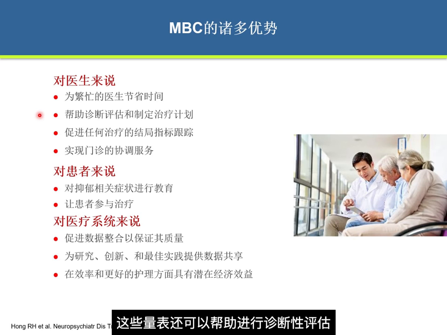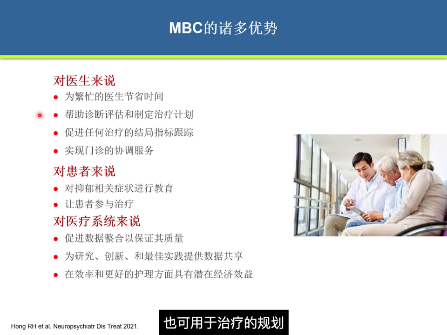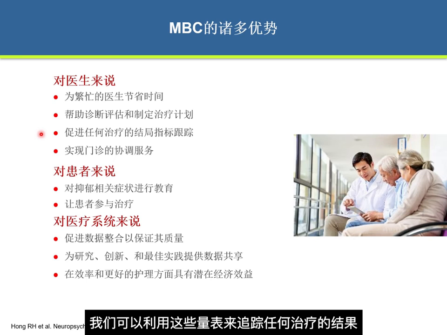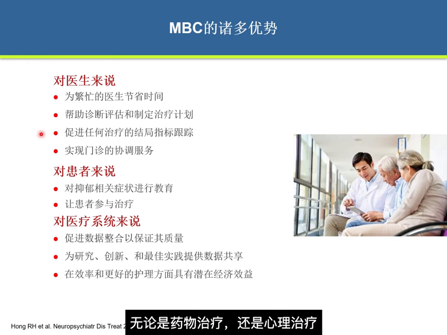The scales can also help with diagnostic assessment because it uses the symptom criteria for DSM-5 and also for treatment planning. We can use the scales for tracking outcome of any treatment, whether it's medication treatment or psychotherapy. And if several doctors are seeing the patient, it can actually help in terms of showing progress from one doctor to another when the patients are seeing different doctors at different visits.